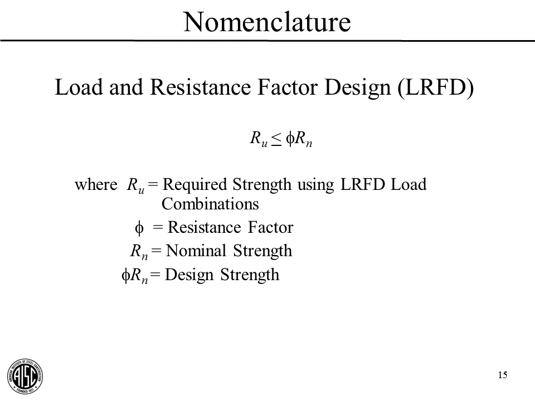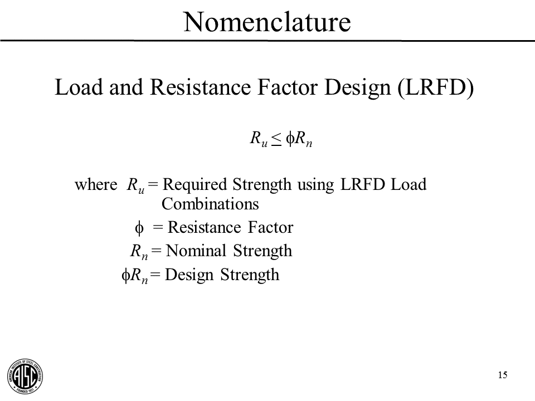Okay, so in the AISC manual and specification, there are 2 different design methodologies. The first is called load and resistance factor design, or LRFD. And with it, when we check a limit state, we must satisfy this design inequality. R sub u must be less than phi times R sub n.